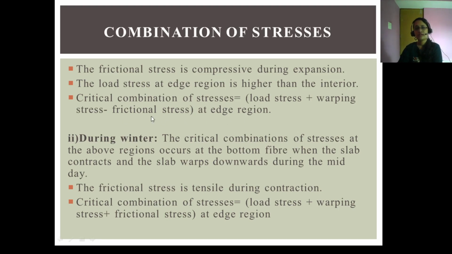During the winter, the critical combination of the stresses at the edge region occurs at the bottom fiber when the slab contracts and the slab warps down during the midday. So the frictional stress is tensile during the contraction. The critical combination of the stresses will be given as load stress plus warping stress plus the frictional stress at the edge region.